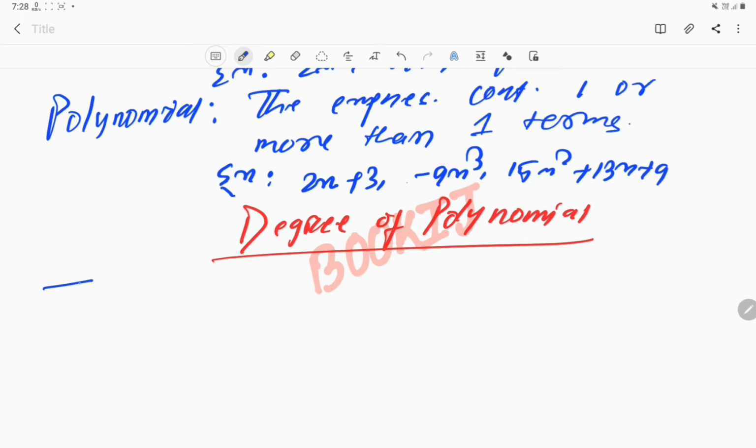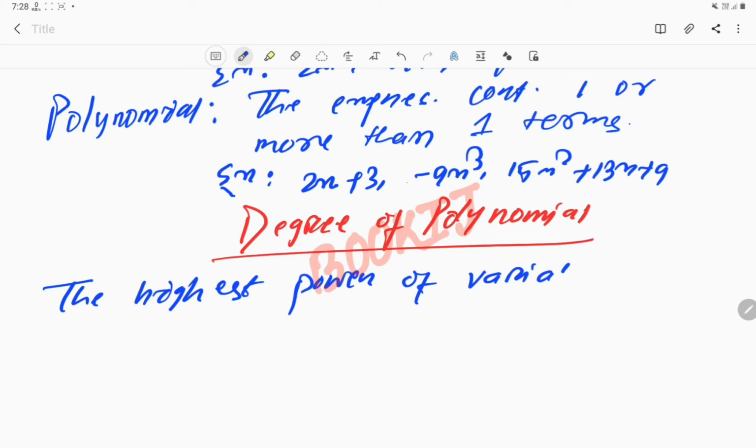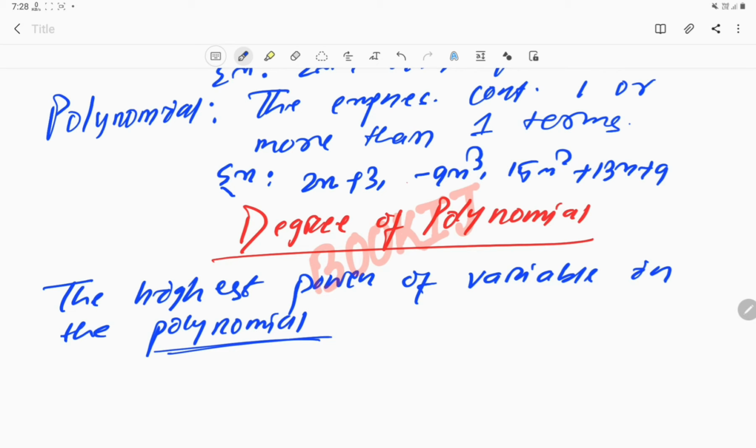The highest power of the variable in the polynomial is known as the degree of the polynomial.